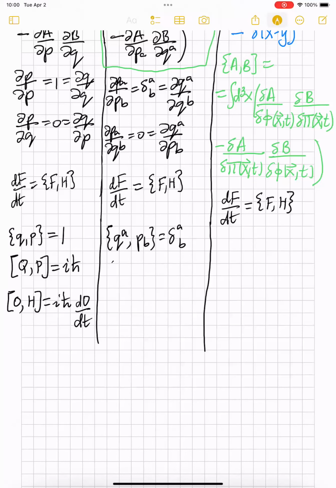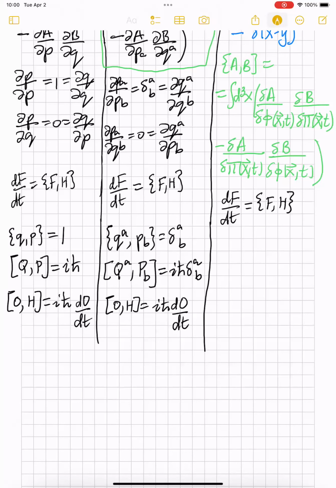So when we come to quantize the system, the commutator between position for the a-th particle and momentum for the b-th particle is i h-bar delta_ab. And the dynamics of the theory is given by the same Heisenberg equation of motion.